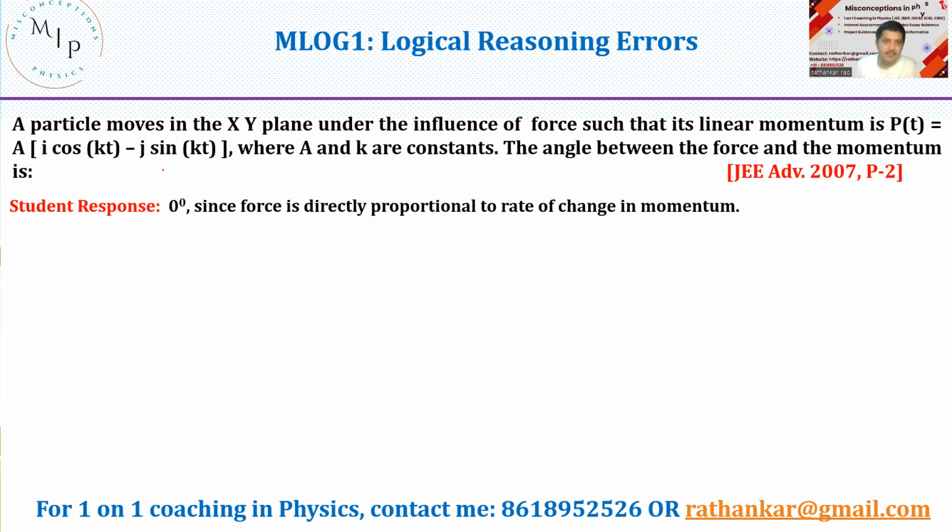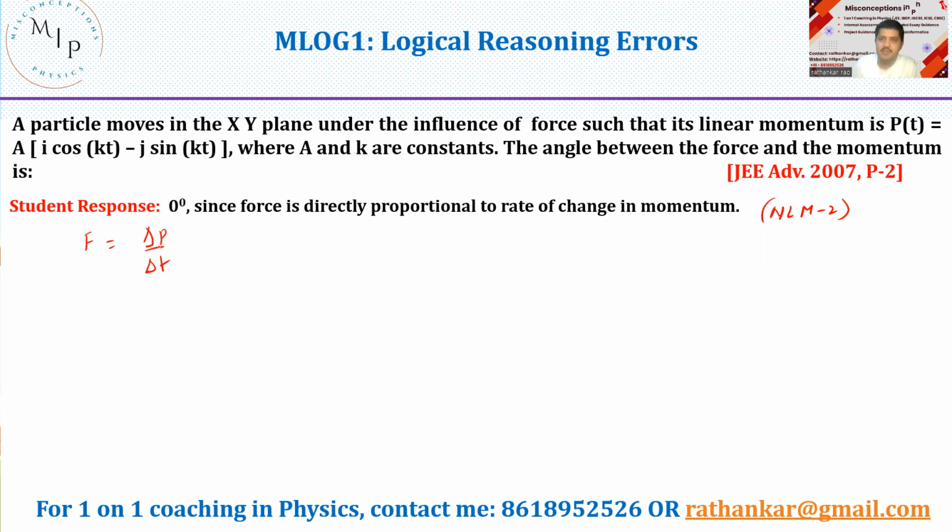Now, the misconception here is the student response. He says, since force is directly proportional to the rate of change in momentum, which is Newton's second law of motion, F is equal to delta P divided by delta T, I can put the initial momentum to be 0 and the final, or instantaneous, momentum is given.